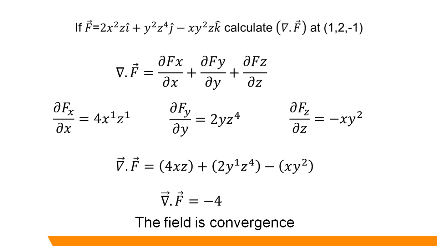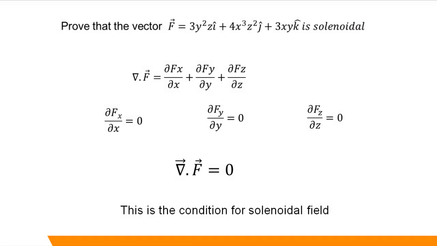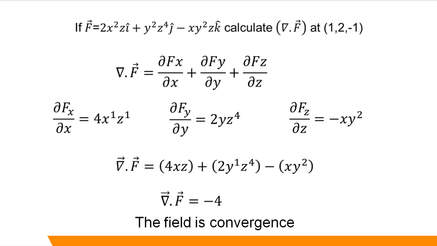Now this was the third type of question. Here, after finding the value of divergence, we are going to confirm whether it is a divergence or a convergence, or a source or a sink.